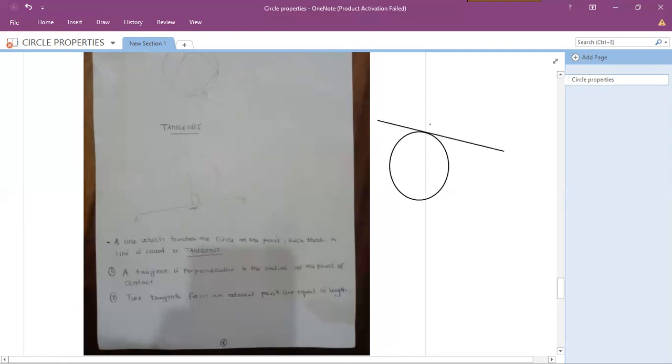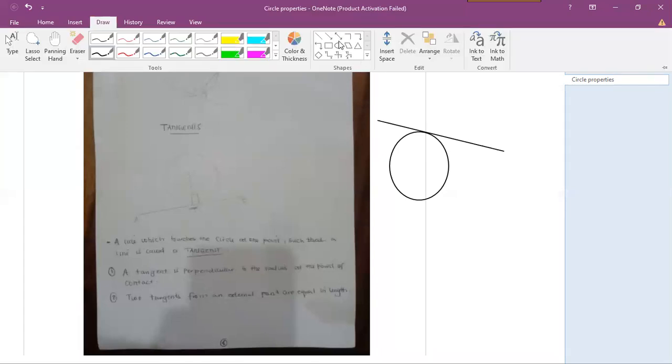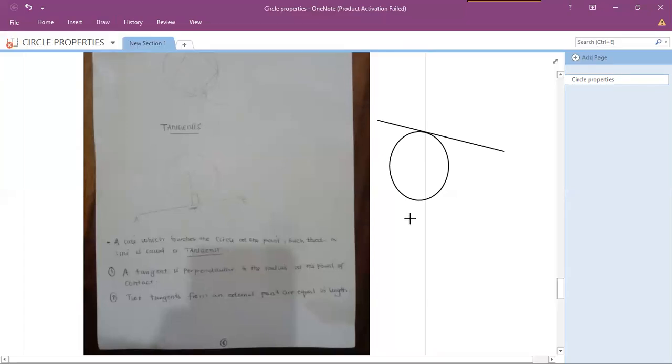You've seen this tangent only touches this circle at one point, so that becomes a tangent. Let me draw another one so that I explain the two rules on one diagram. So that's another tangent, like so. Okay, this is a good tangent.